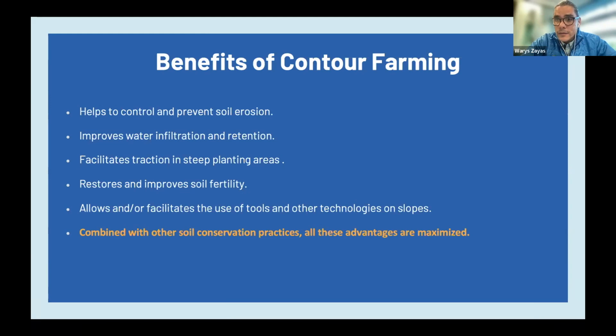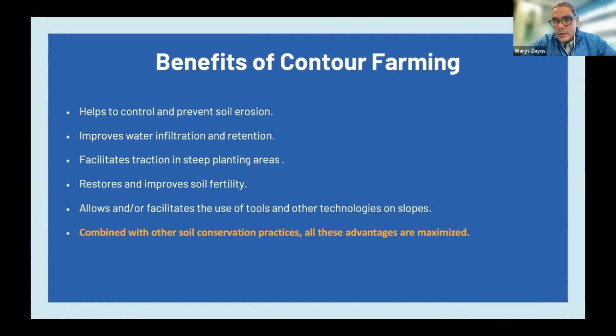And one of the things that we need to do is protect the soil against erosion. Contour farming helps in a really significant way to prevent soil erosion, but it is not the only tool that we can use. We need to integrate many other practices to protect our soil from erosion. As I mentioned, the first line of defense against soil erosion is to have our soil covered, right?